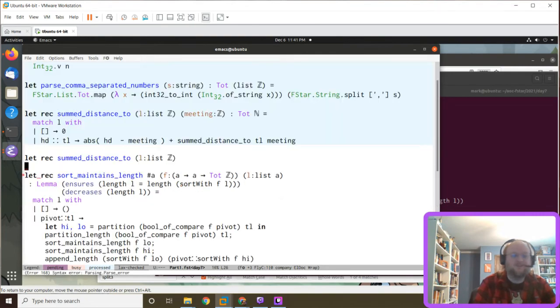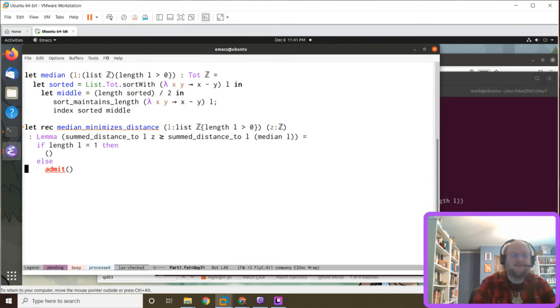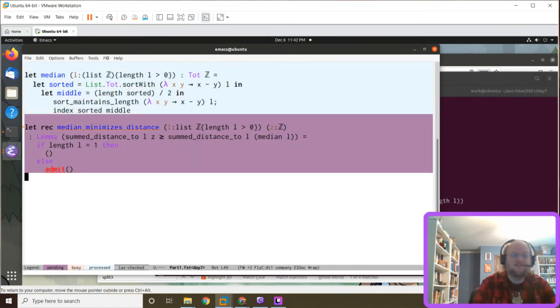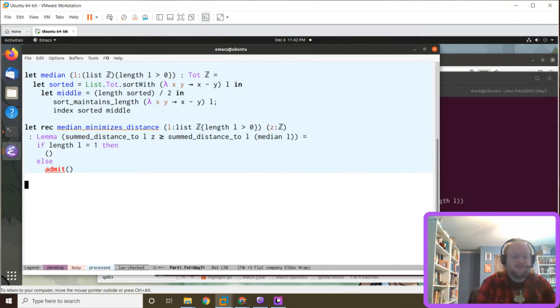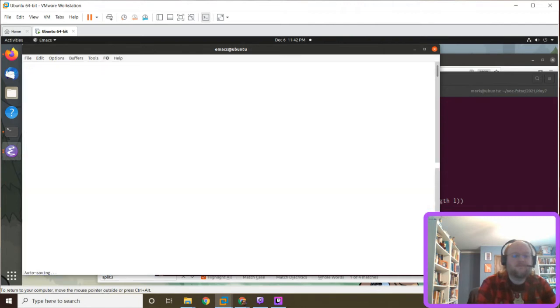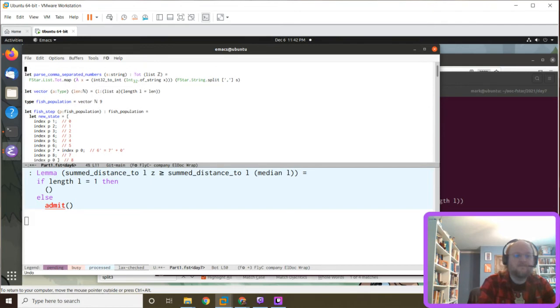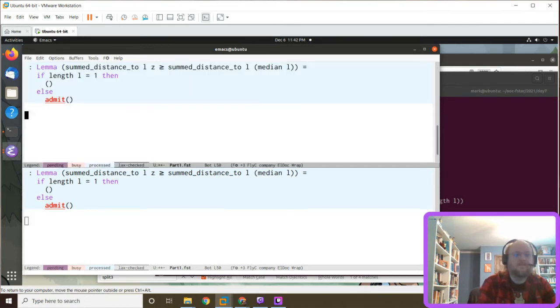I'd really like to prove it works before submitting, but that doesn't seem likely. I'm not good enough at manipulating the proofs yet. Oh shoot, I did want that.